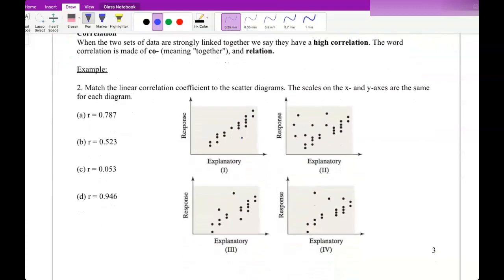Okay, now here we have an example. Match the linear correlation coefficient to these scatter diagrams. The scales on the x and y axis are the same for each diagram. So if I try to draw a straight line, I'm going to draw that again.